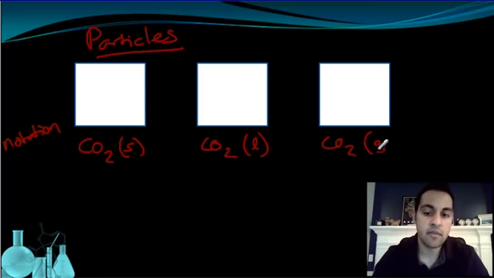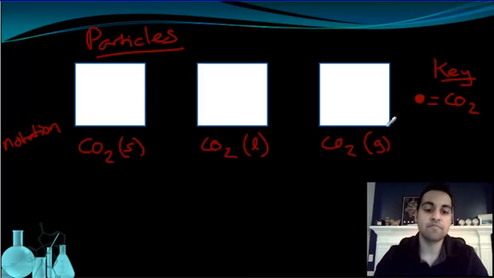My last box is going to have a gas, so a simple G for gas. I'm going to have a little key here for making particle diagrams. We should get some practice in class. But for this diagram I have a little red dot. That's my particle, and it's going to represent carbon dioxide.